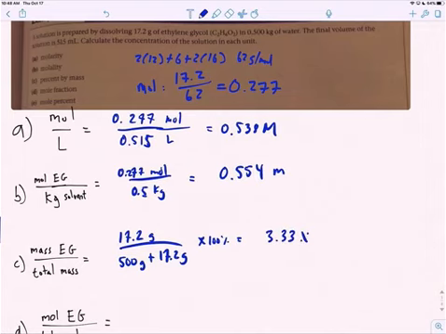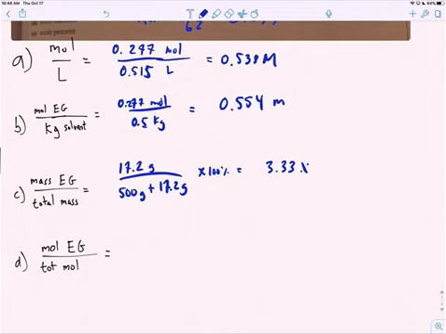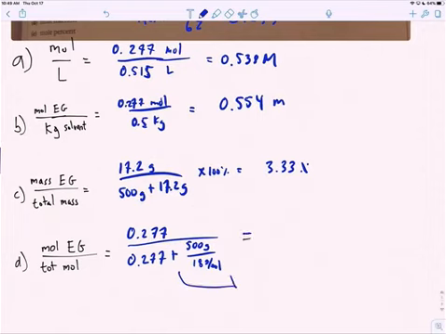Then mole fraction. It's going to be moles of ethylene glycol, 0.277, not the mass. The total moles is ethylene glycol plus water. For water, we have 500 grams and 18 grams per mole, so this term is the moles of water.